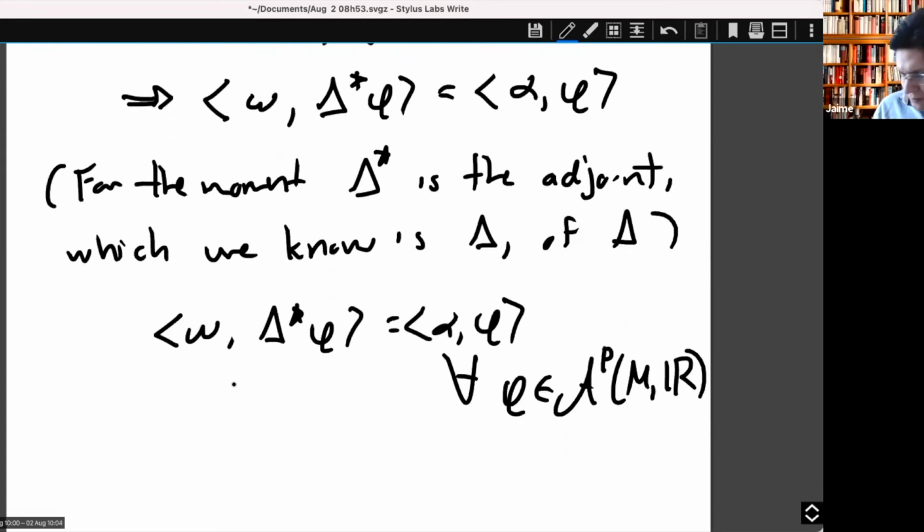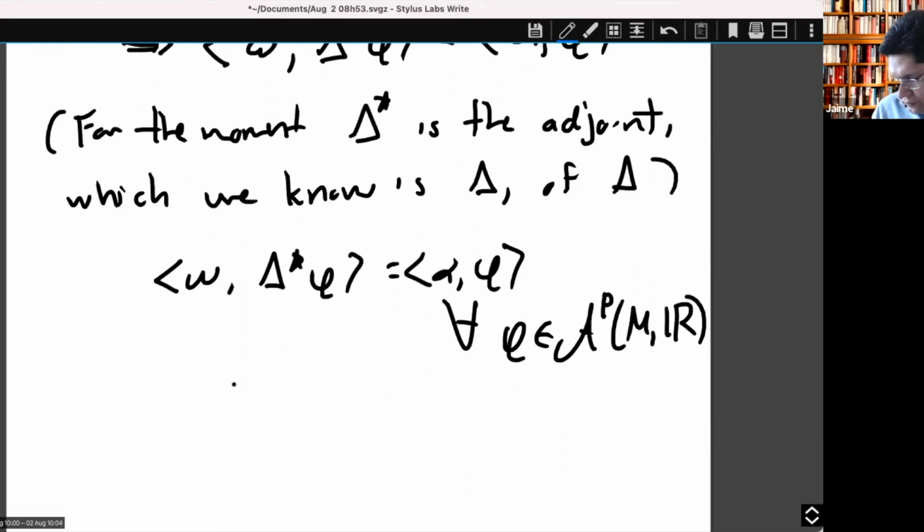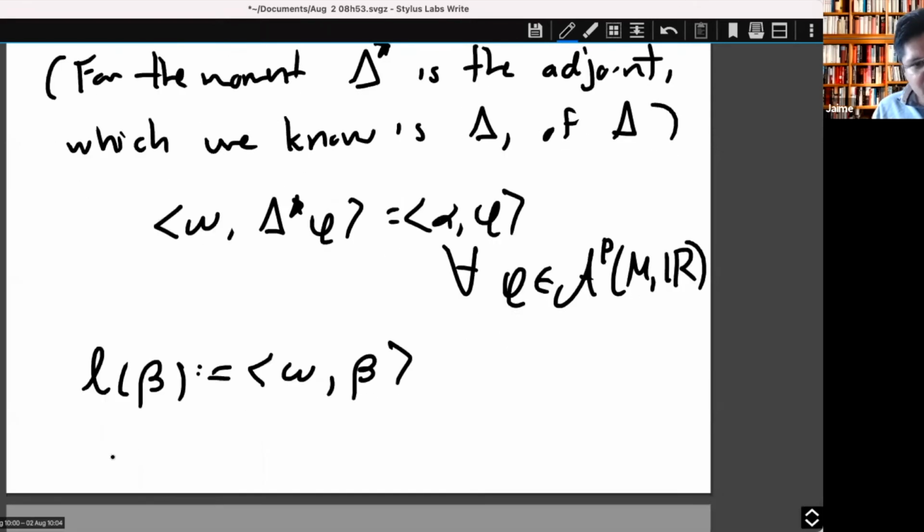So we define L of beta as the inner product of this, and this is a linear functional.